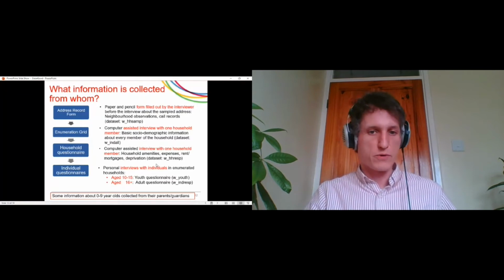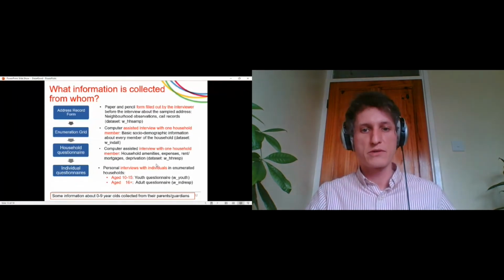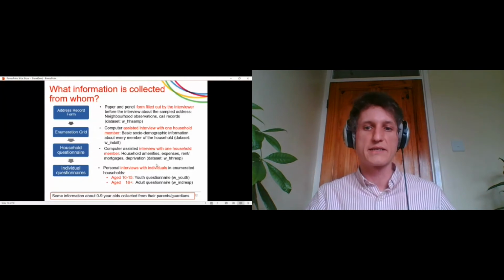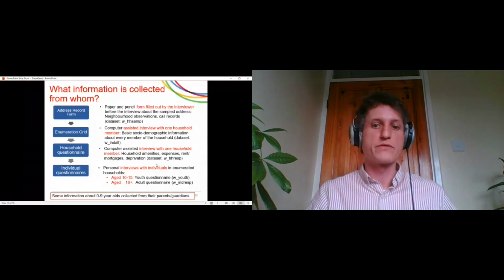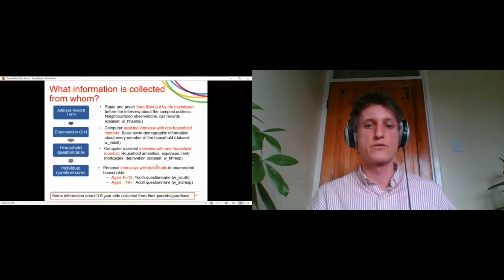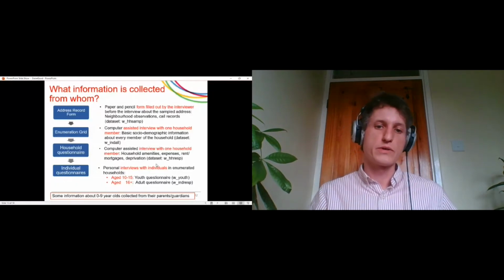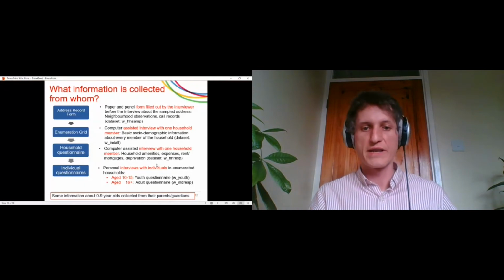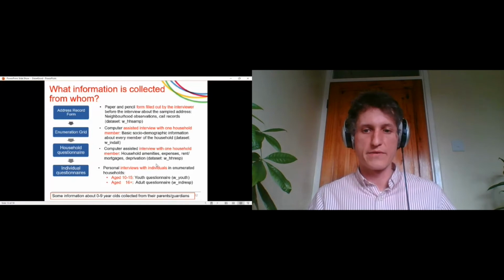Then we have the household questionnaire, which is answered by the same person, but in this case it is about the household, so things like household amenities, expenses, mortgages, deprivation. And finally, the individual questionnaires, which are personal interviews with individuals in the household who consented to give such an interview. There are two such questionnaires. One is for youth, children aged 10 to 15, and the data from this questionnaire is stored in a file called youth.